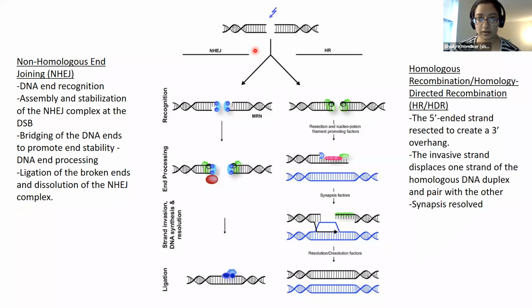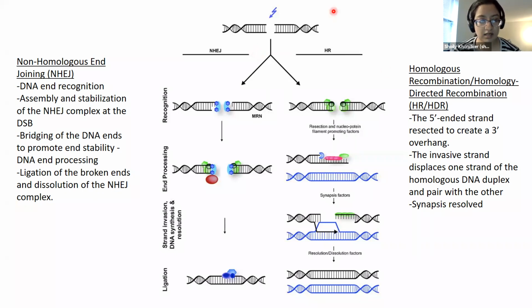So while both can compete for repair of a double-strand break, non-homologous end joining is more likely to occur because it doesn't need a template strand.